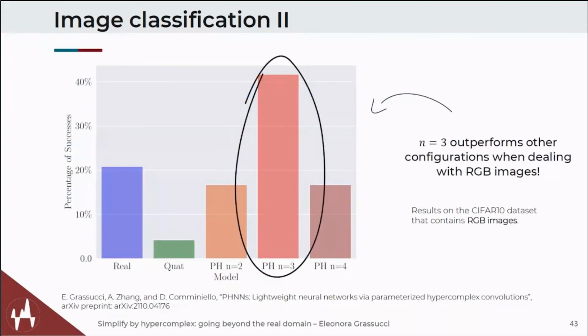The configuration with n equal to 3 far outperforms other configurations. Basically, we can process RGB images in their natural domain by setting n equal to 3, without adding any additional useless information, which comes from the additional padding channel, for example, in Quaternion neural networks.